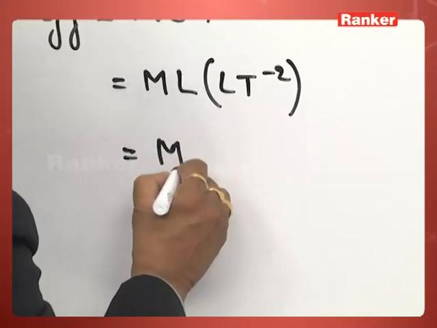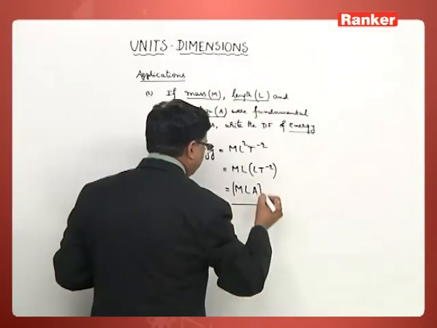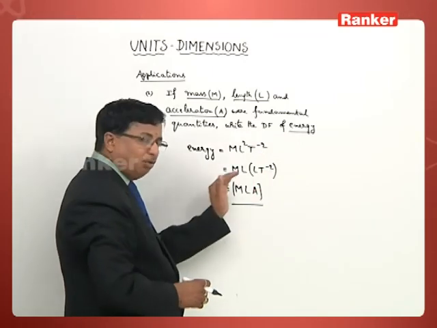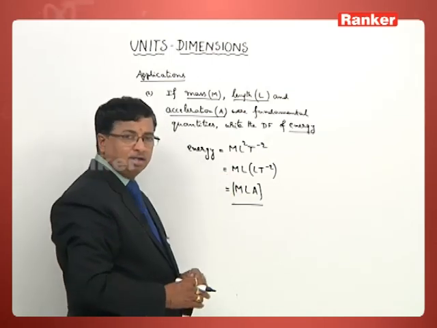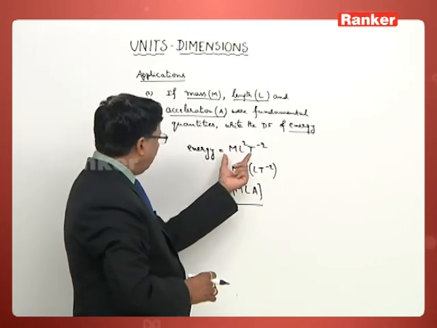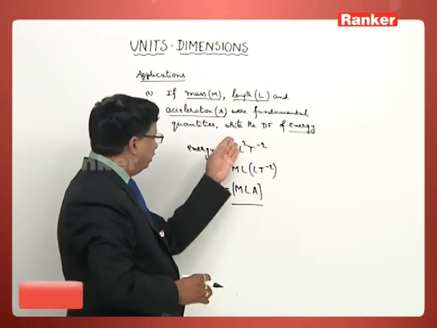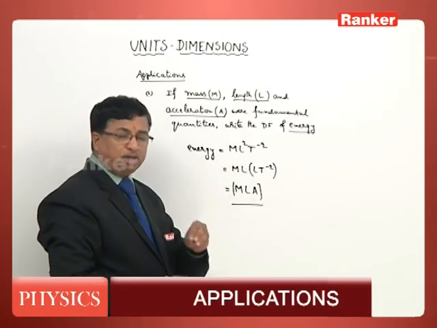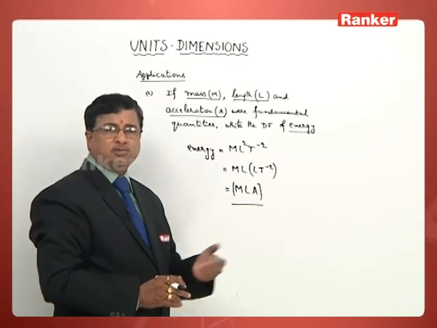It is M L A. That is the dimensional formula for it. So, it is M to the power 1, L to the power 1, A to the power 1. That is the concept. But every time it is not possible for us to get the answer in this methodology. Therefore, we need to adopt a particular method for it.